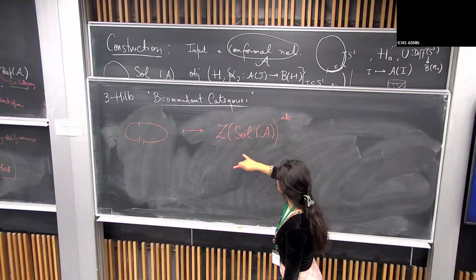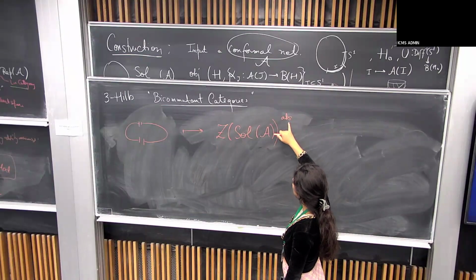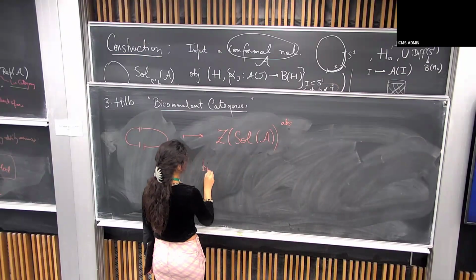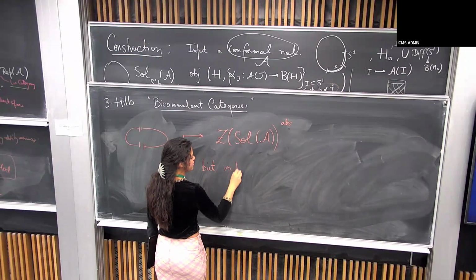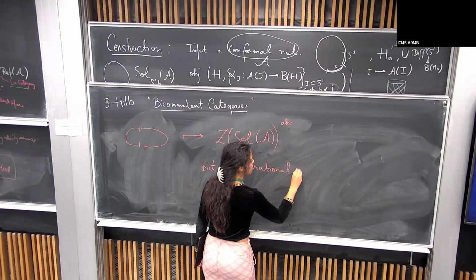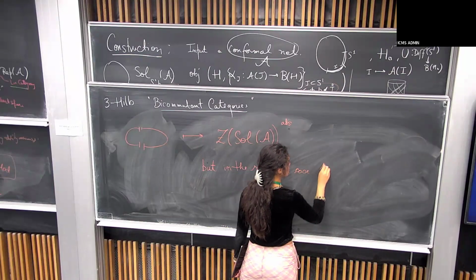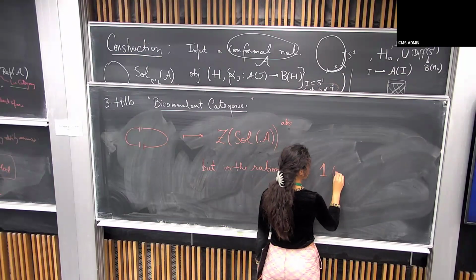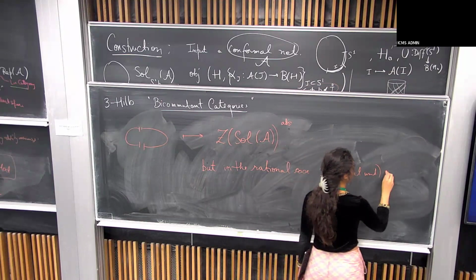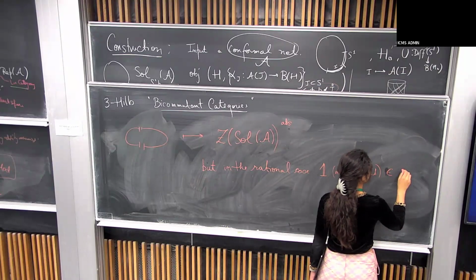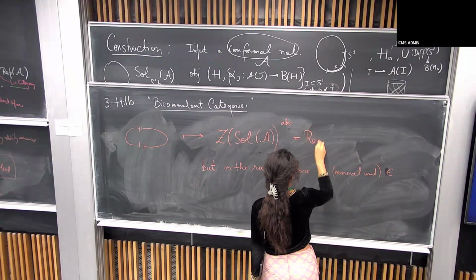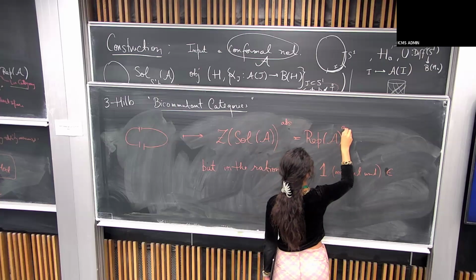So this is a braided category, which is an ideal of that. But in the rational case, the monoidal unit belongs to this, so this is equal to Rep A absorbing.